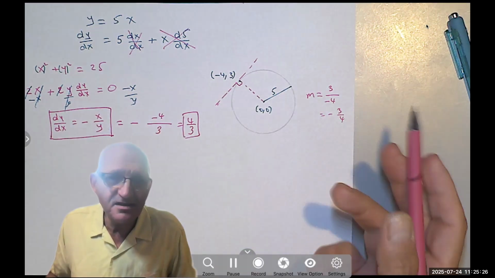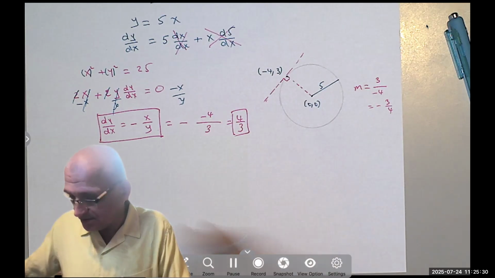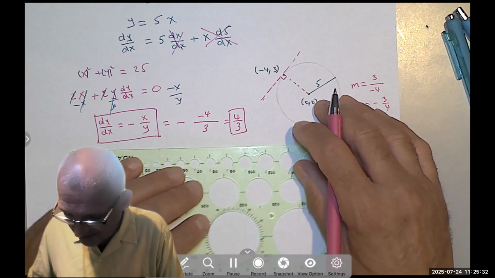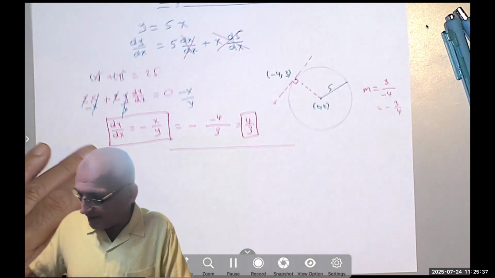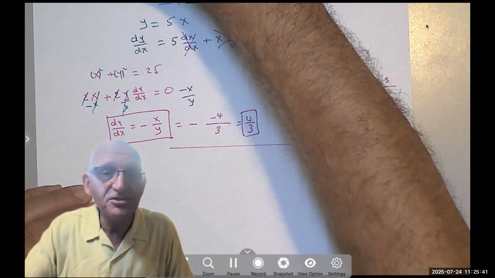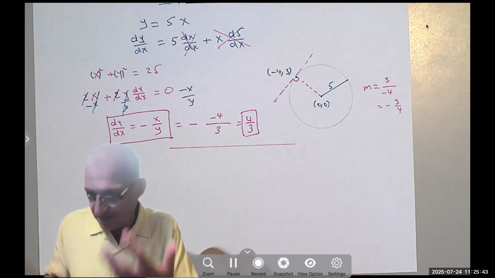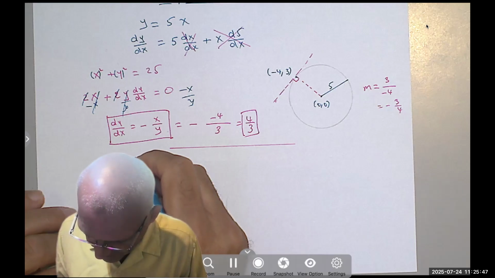So I really didn't need this, I'm just showing you what we would have gotten if we had solved this problem with differentiation. Now let's take a more, not complicated but more advanced thing.